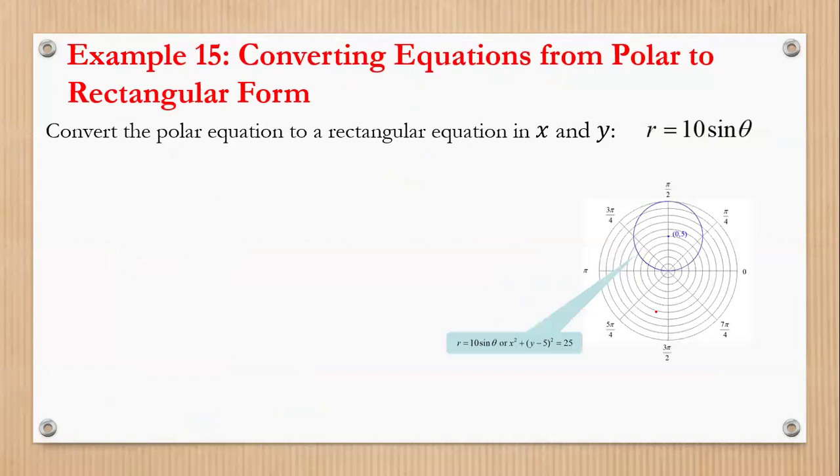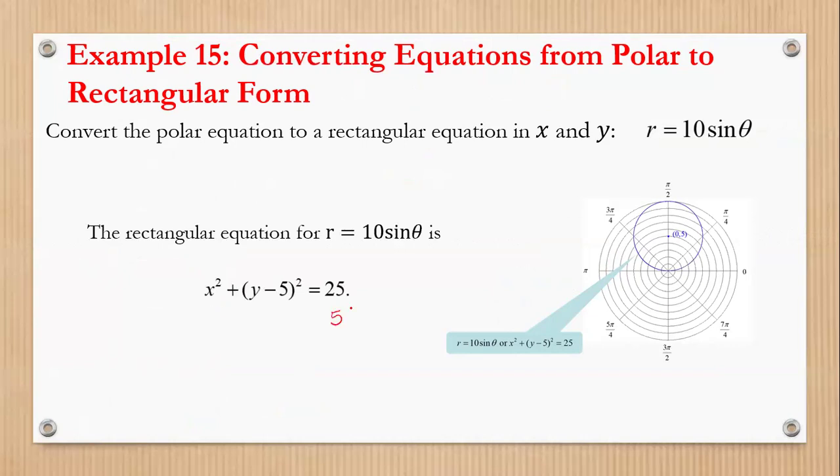We have an equation whose radius is 5 because of this 25, and the center of the circle is 0 from x and 5 from y. 0 and 5. If you find 0 and 5 and create a circle with radius 5, that should be the graph of this equation.